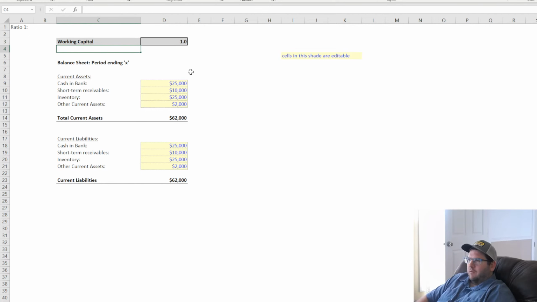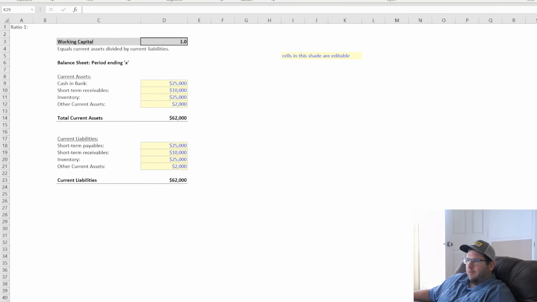This equals current assets divided by current liabilities. So what's a current liability? Short-term payables. So these are like vendor payments you've got to pay every month or two.